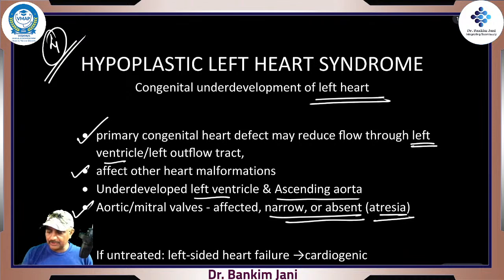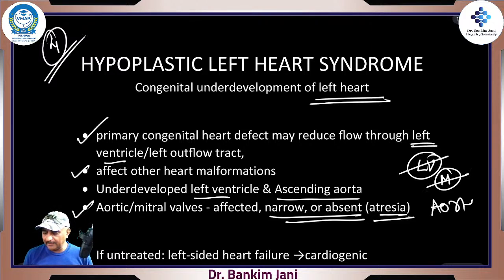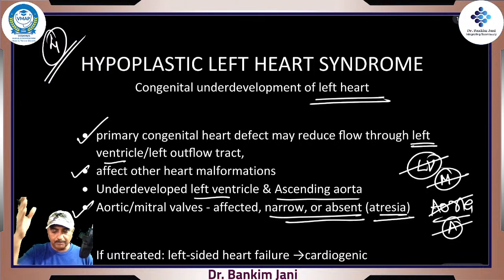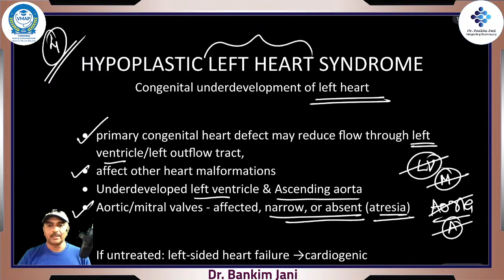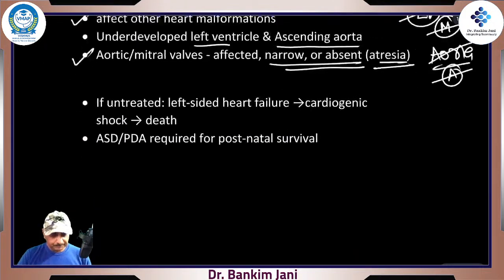When the ventricle is not developing properly, there would be a problem in the mitral valve, and then there is a problem even in the aortic valve. So they are either narrow or absent. So the complete left side of the heart is now affected.